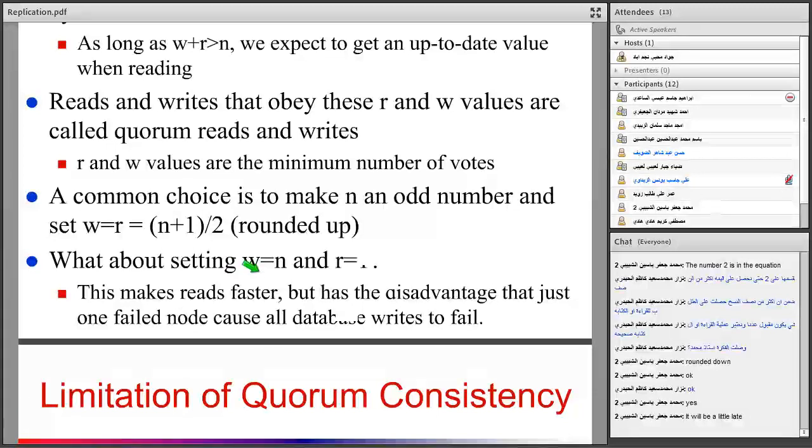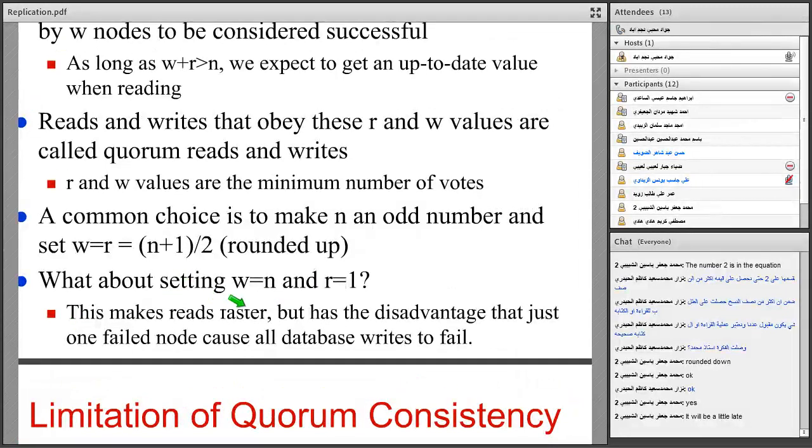But this setting is very good for readers, because the quorum read is 1, and the reader can get from only one machine. That's enough for readers, because in this state all machines have the latest version. This makes reads faster, but has the disadvantage that just one failed node causes all database writes to fail.